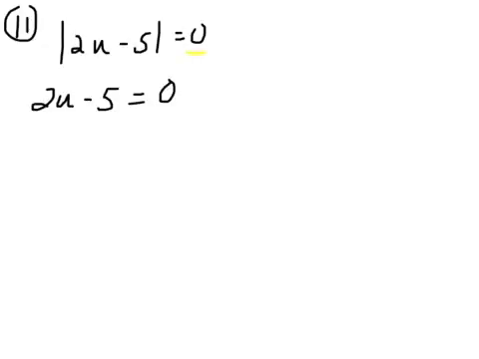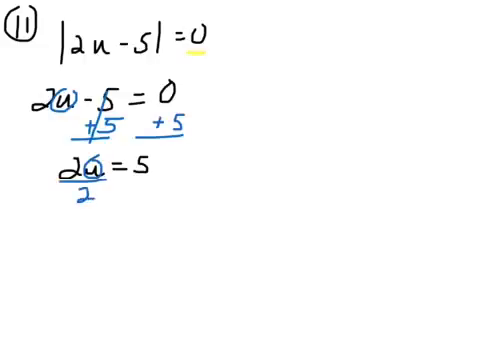So in this case, we're only going to have one answer because you can't say plus 0 and minus 0 and get a different number. So we just need to solve for u. We add 5 to both sides, and we get 2u equals 5. Then to get u by itself, we divide both sides by 2, and it's just one answer. u is equal to 5/2.